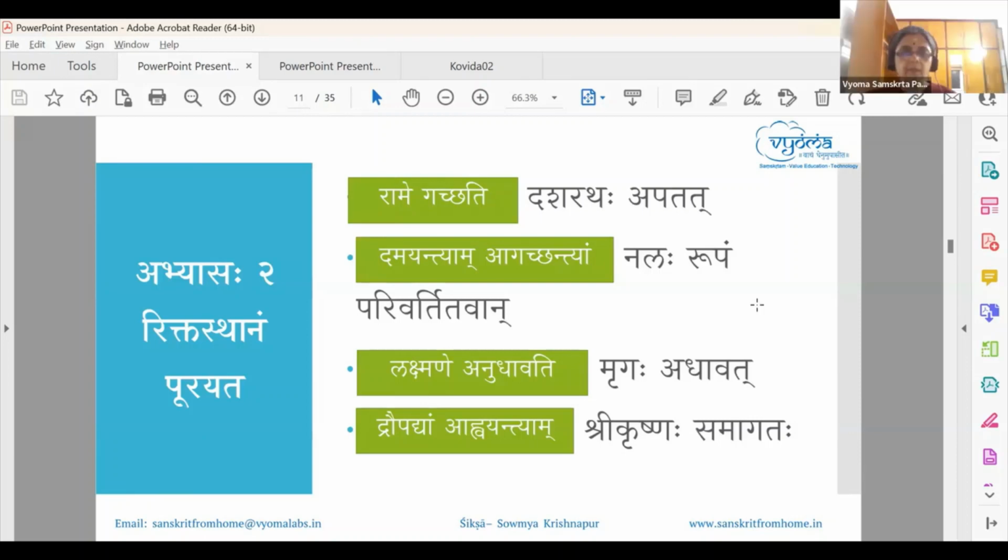So it has to be an independent sentence and it will need a verb. Every sentence will need a verb, either implied or specifically given. So Rame Gacchati is in Saptami. This does not have a verb. Whereas if you say Ramaha Gacchan Asid, Dasharatha Apatat. So that is the only difference. Yes. Yada Ramaha Gacchan Asid, tada Dasharatha Apatat.